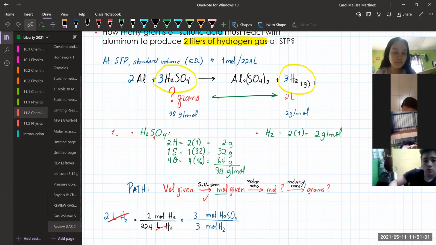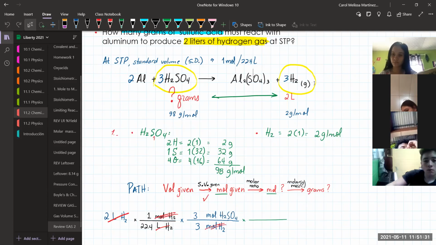And then I need to relate the molar mass of my unknown. So here I have to cancel moles and moles.